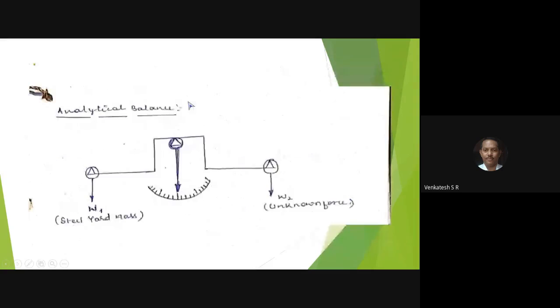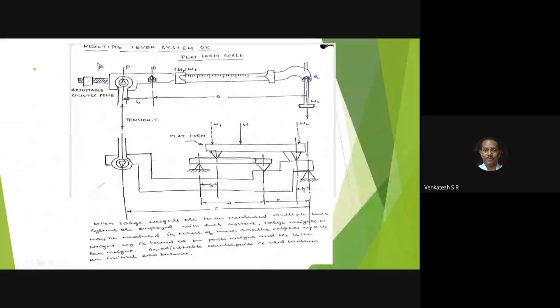Next, this is a very good example. Almost all question papers have a question on the analytical balance. This is very, very important. This is the simple weighing machine which is used everywhere for measurement of unknown magnitude by using standard known dead weights. Next, very important: multiple lever system or platform scale.